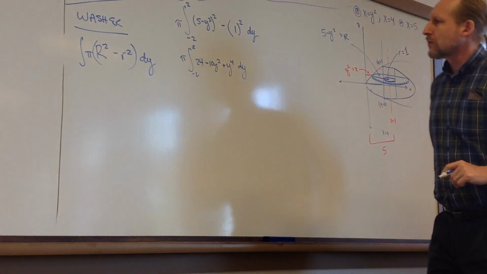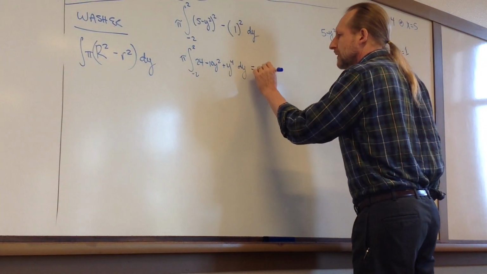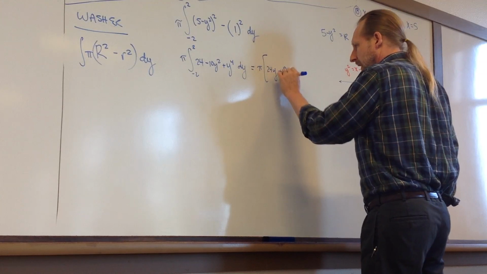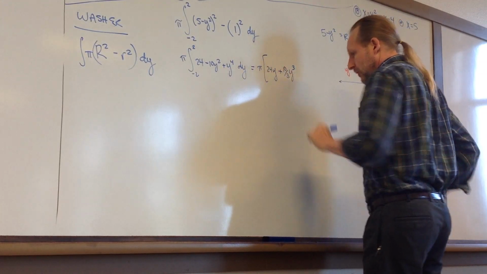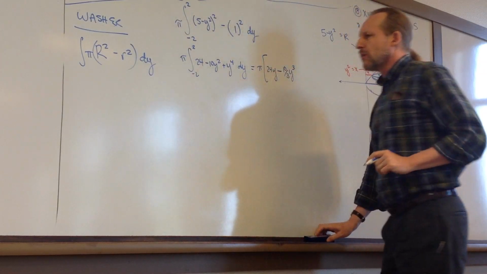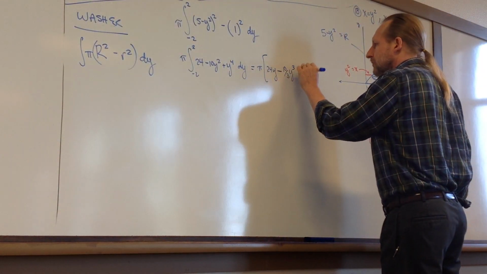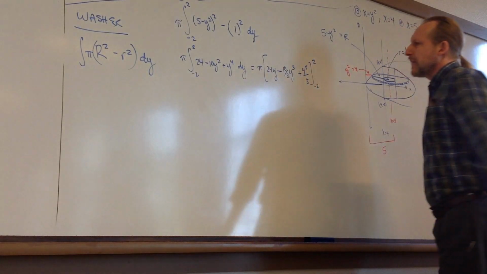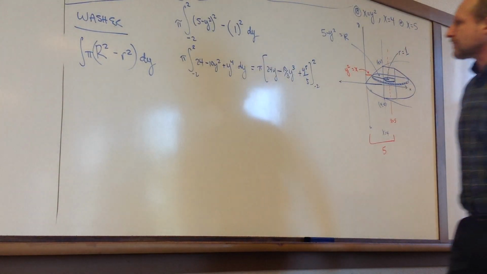Okay, so there we go. Let's do the integral. This will be 24y minus 10/3 y cubed, and then plus y to the 5th over 5, and we're integrating from negative 2 to positive 2.